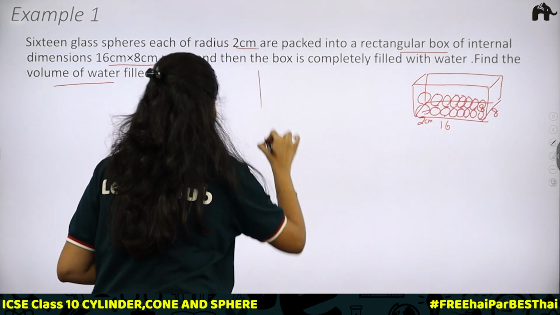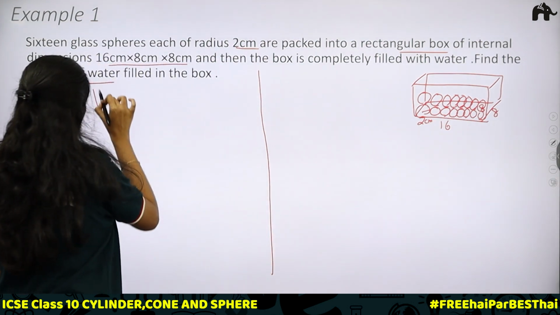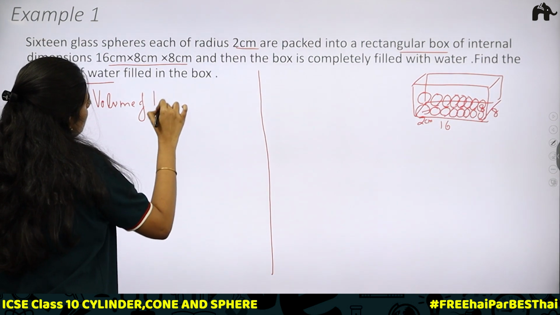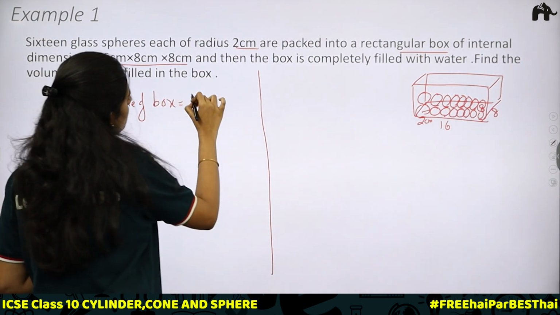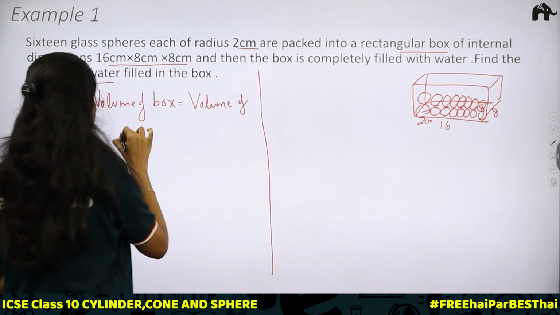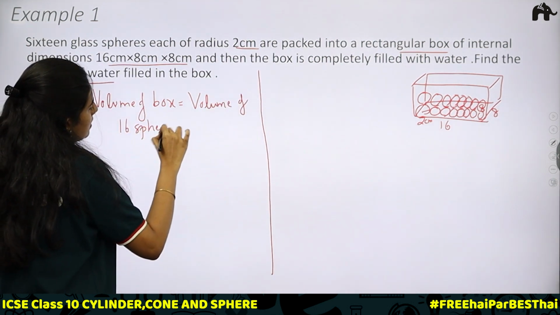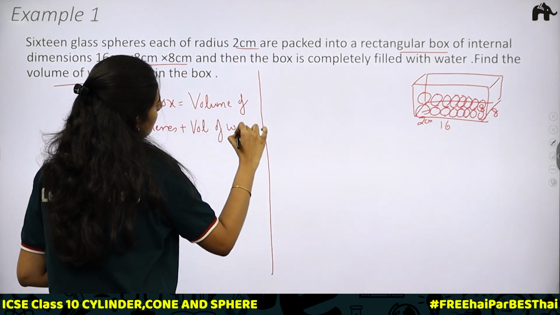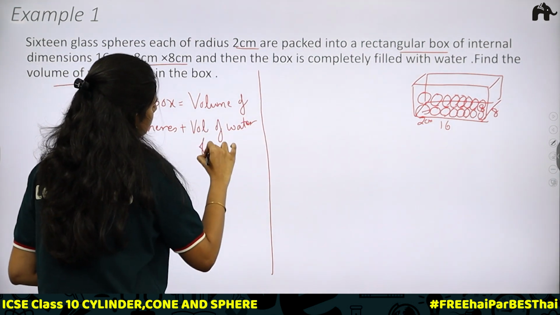Now, we can write volume of box is equal to volume of 16 spheres plus volume of water filled.